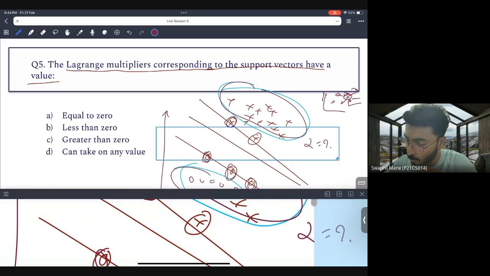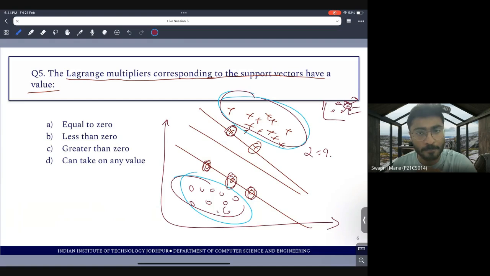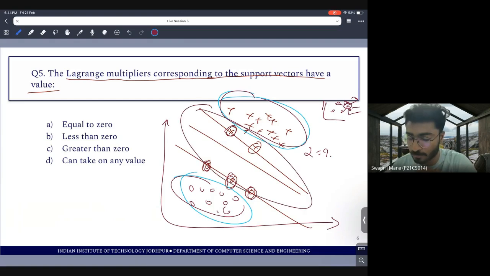We can store only those, and based on the support vectors we can predict any new future point. Based on these three lines, the marginal hyperplane, the hyperplane and the support vectors, we can classify any new point that comes in.